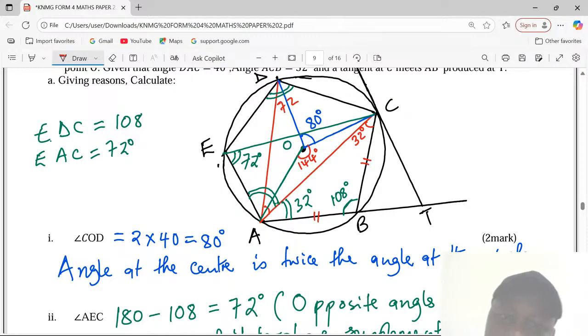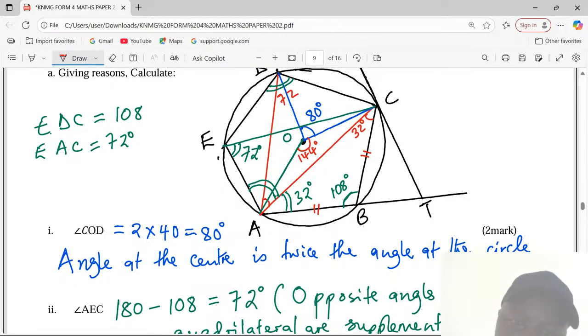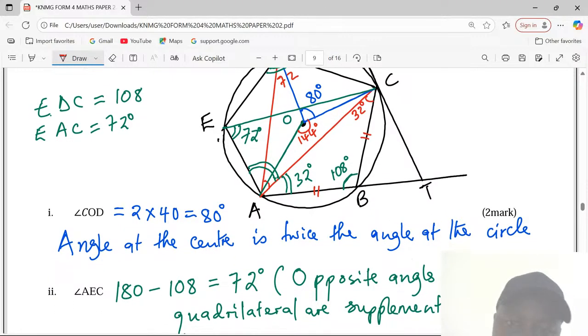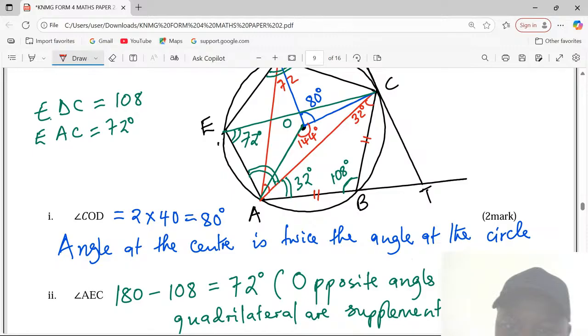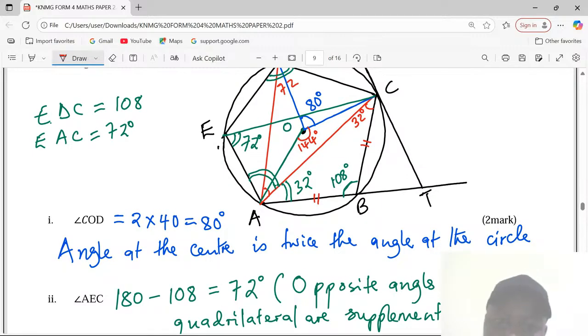There are very many angles that we can find from the center, so we can find the value of these angles now.